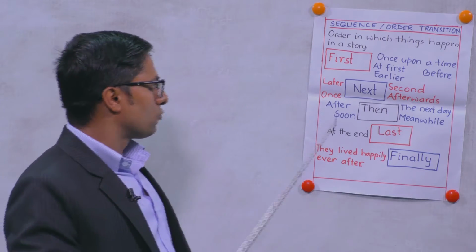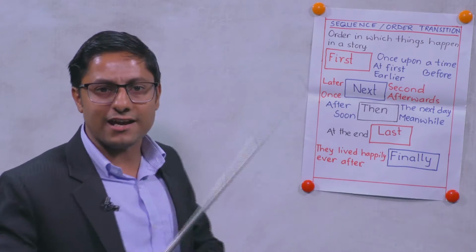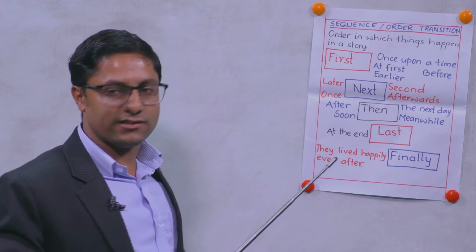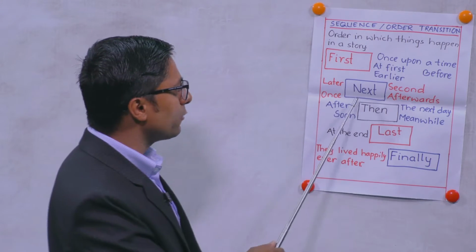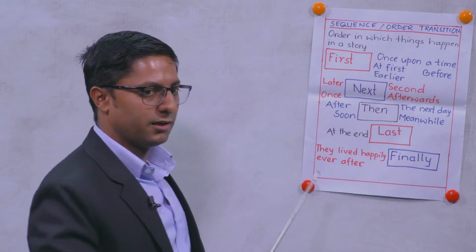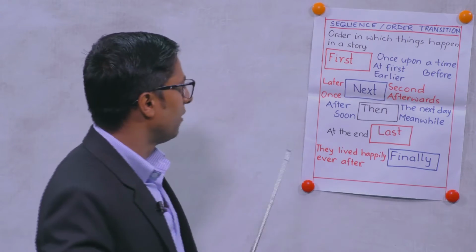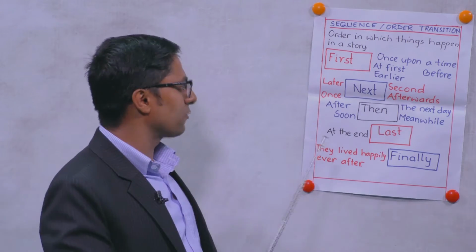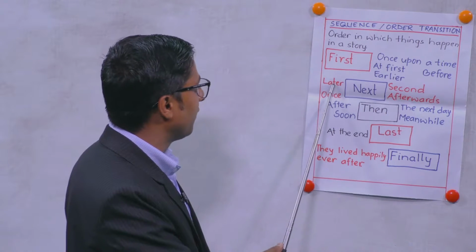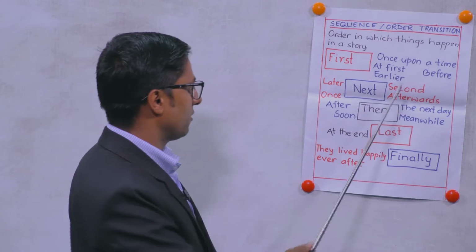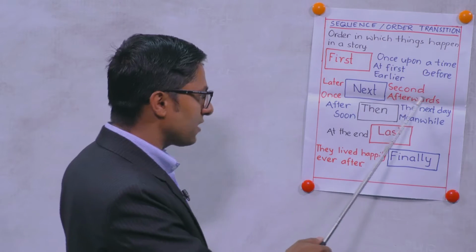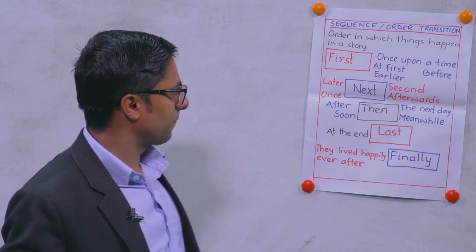Similarly, to add the next event in the sequence, you can use the term next. You can see it's highlighted here. But instead of next, you can also use terms like later, second, once, afterwards, or like that.